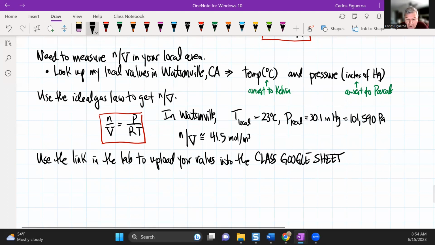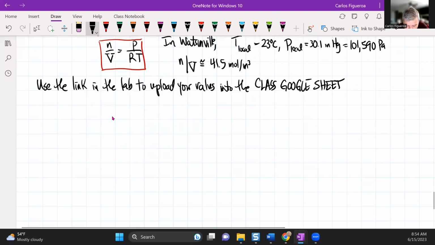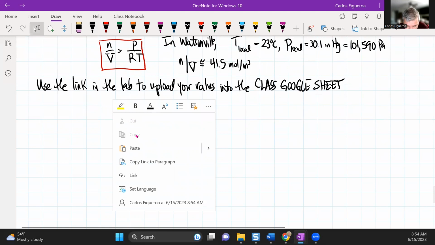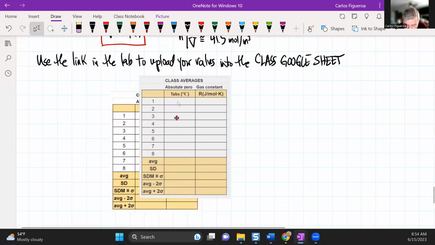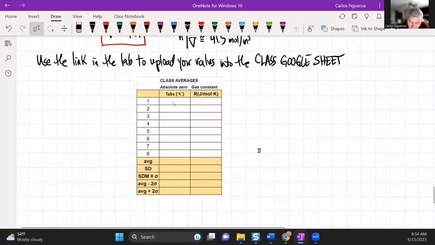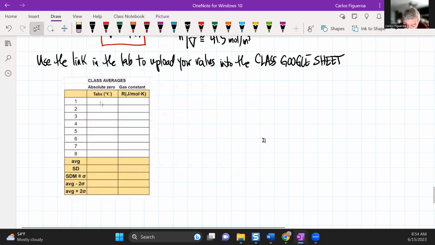And when you get there, hit the tab that says Lab 1. And what you're going to see is a table that looks like this. So here's your table. Now note, this has only 8 values. I truncated it, but in the sheet, it has 45 values. And what you want to do here is insert your absolute temperature measurement and your gas constant measurement. Remember, I expect them to be rough.